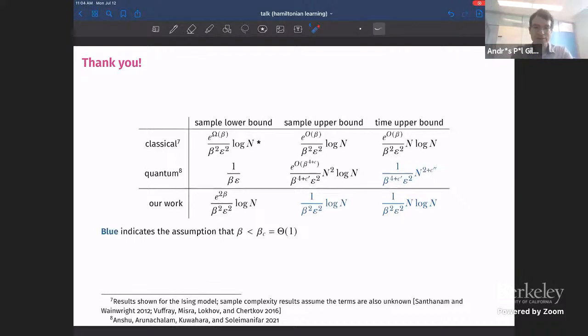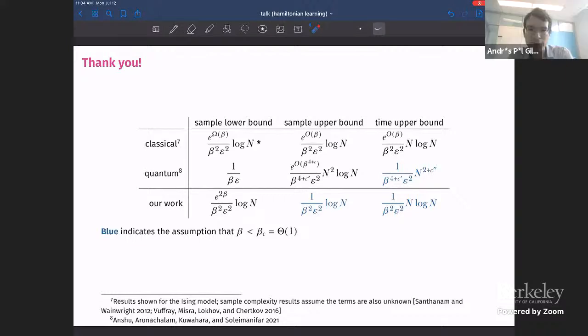Hi, Ewin. I wanted to ask a question on the quantum part. When you are estimating all these expectation values, are you using something like the classical shadow tomography results, or how do you do that? Wait, sorry, can you say that again?